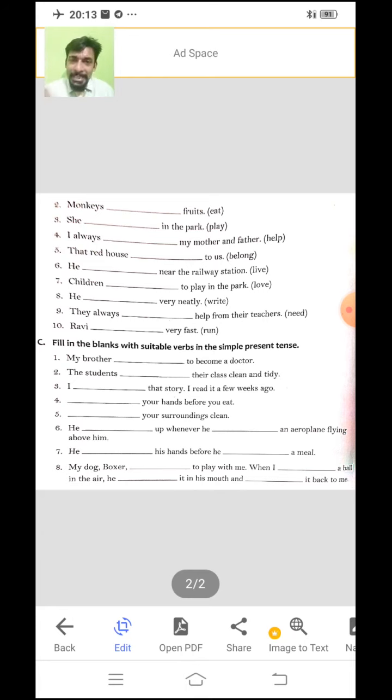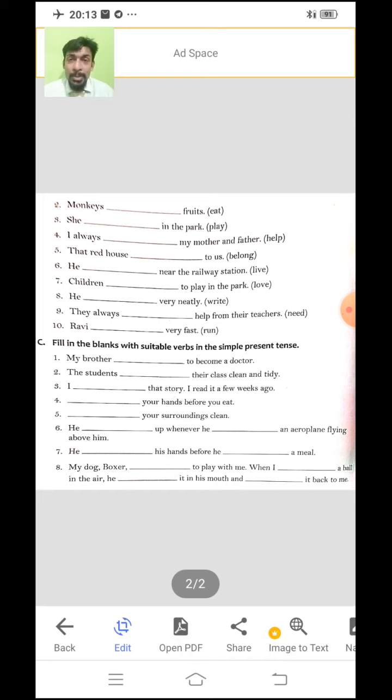Number 6, he watches or he looks up whenever he watches or sees, S-E-E-S, sees an aeroplane flying above him. Number 7, he washes his hands before he eats, E-A-T-S, eats a meal.